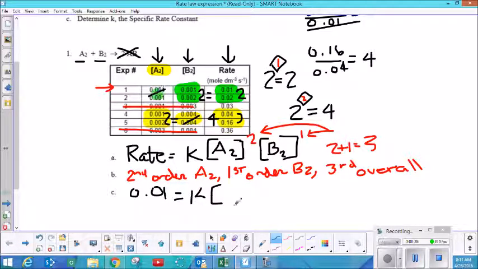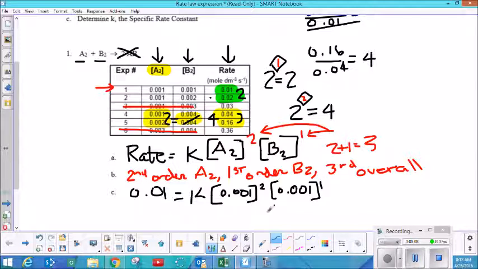For item number 1, the concentration of A2 is 0.001, and of course, that is raised to the 2. And then the concentration of B2 is 0.001, and that is raised to the 1.